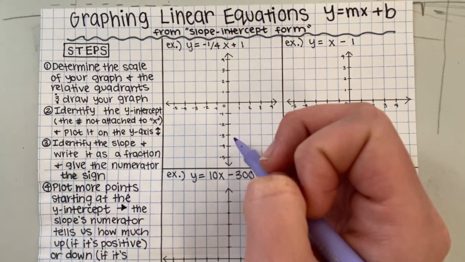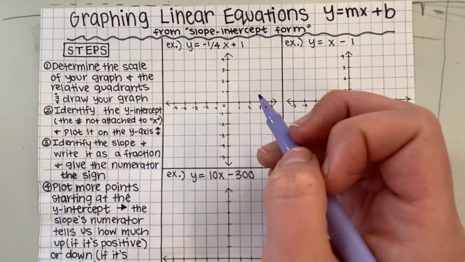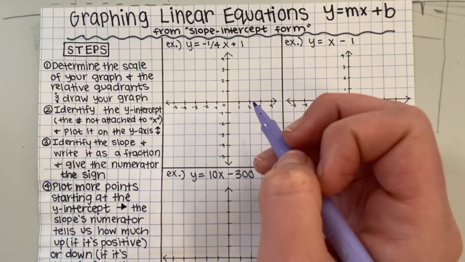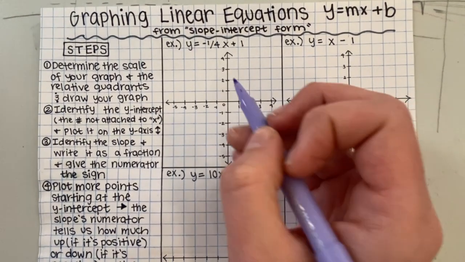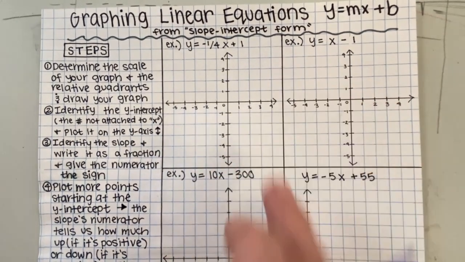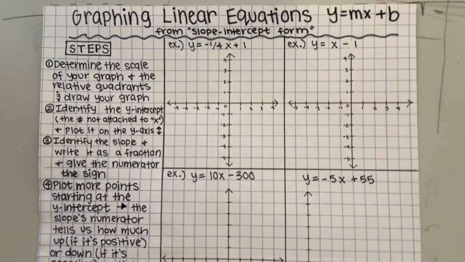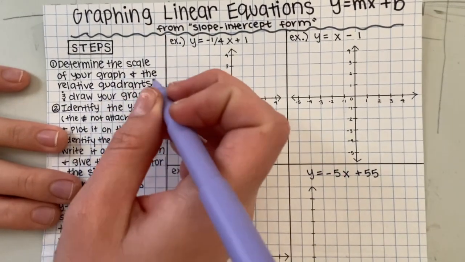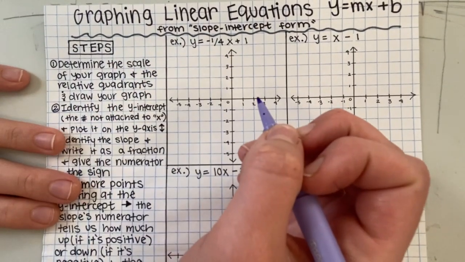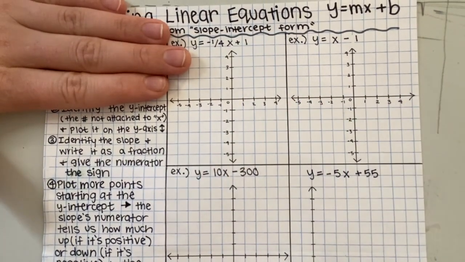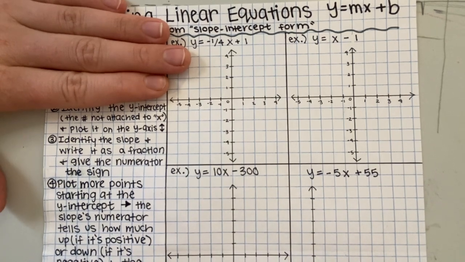For example, if I'm talking about money made per hour, I'm not making negative money or working negative hours. So I would only have to draw a graph that looks like this. So for these first two examples, we're actually just not doing step one because that's adding another factor and I want to think about the basics first.